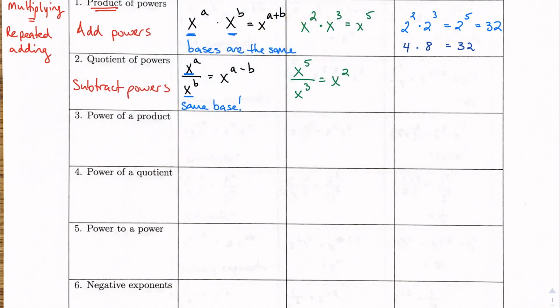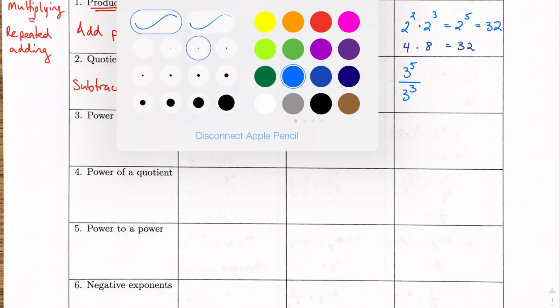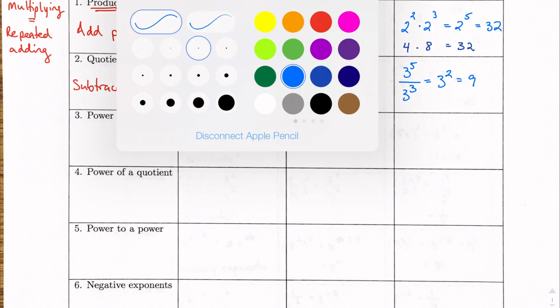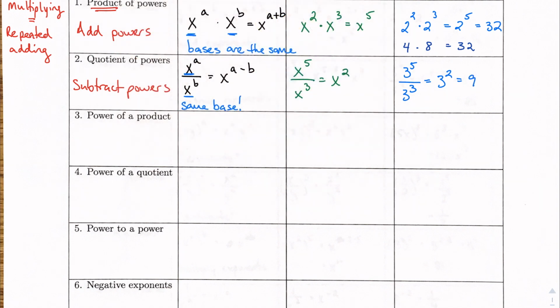And if I want to do this with numbers as well, maybe I could do 3 to the 5th over 3 cubed. And maybe I don't know offhand what 3 to the 5th is. So instead of trying to calculate that, I can just subtract my powers. 5 minus 3 is 2, and I know that 3 squared is 9. So just like we said with the product and addition, we can apply this to the quotient as well.